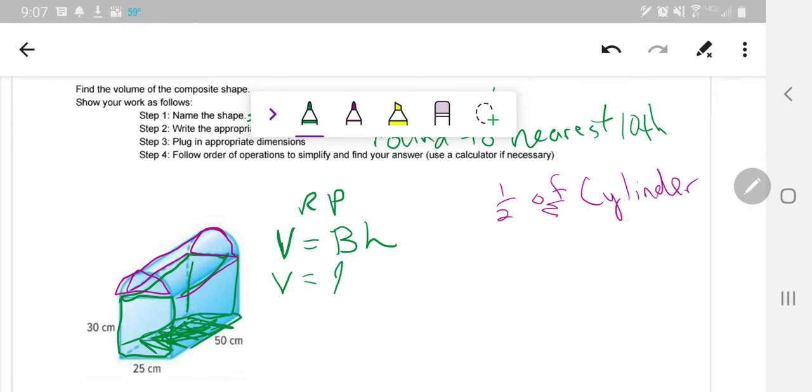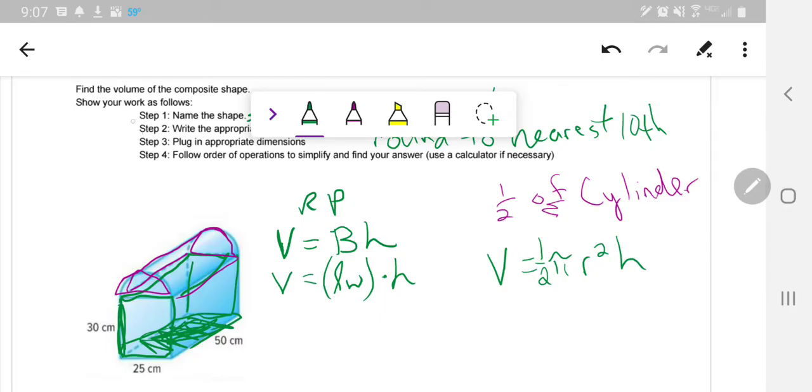So I'll do length times width for the B, and then the height is going to be that third dimension that shoots out perpendicular to the base. Then I'm going to write down my formula for half of a cylinder. I know that a cylinder is pi r squared h, but since I'm just doing half of it, I'm going to slide a half right in there. Half of the regular formula for a cylinder.